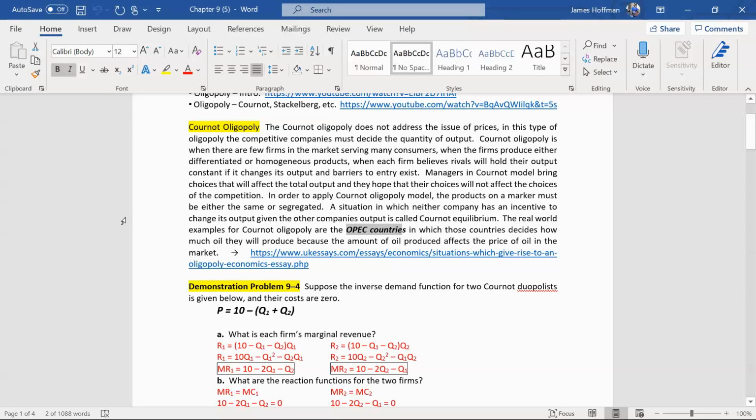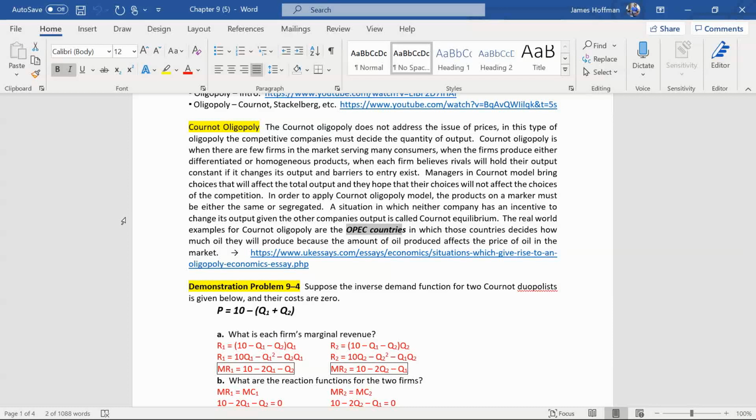Another example they proposed of a real world example of the Cournot style is the OPEC countries, the oil producing nations that kind of agree. The thing there is that they all agree on output, and then the price is set based on that. So if one firm changes its output, they don't change it because they all agree upon a certain amount of output.